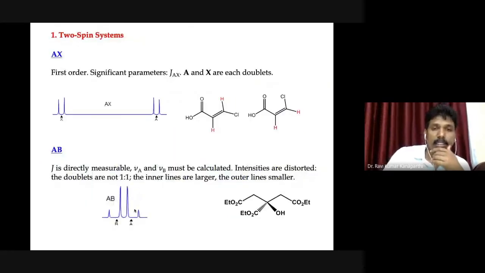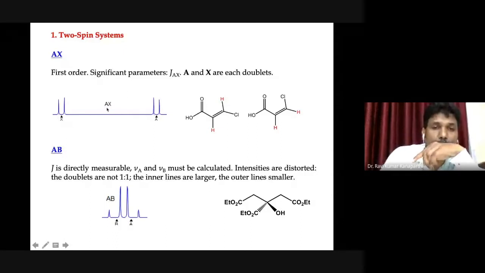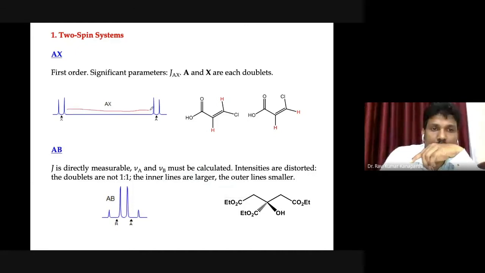You can see here, initially these will be very far apart. But if this difference is decreasing, then AX becomes AB, if this difference, which we call delta, is decreasing.